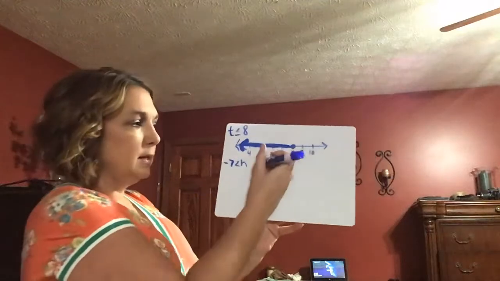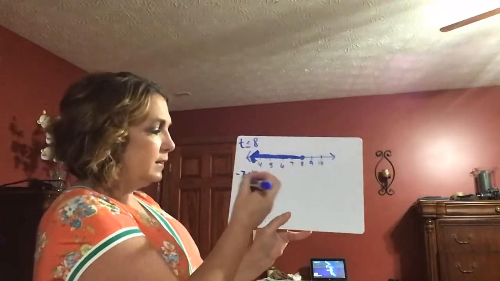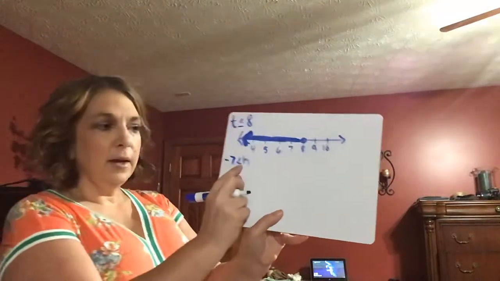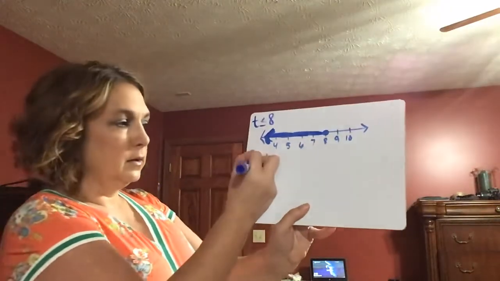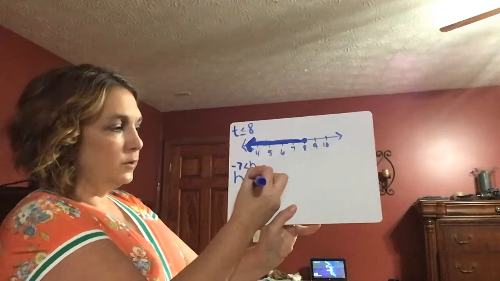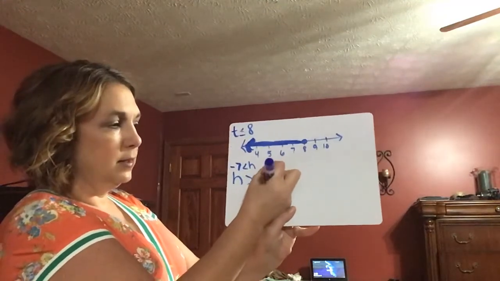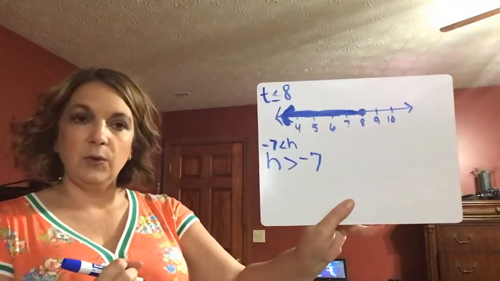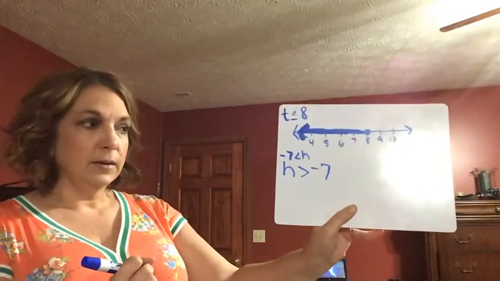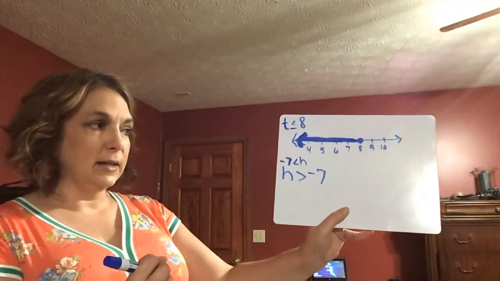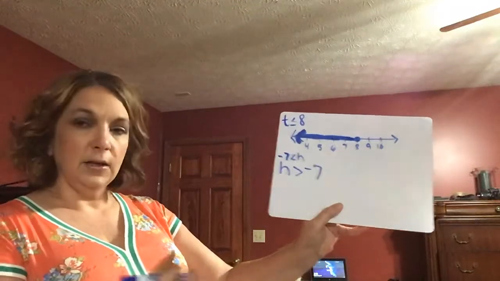But I can switch this, and when I switch it, I want to keep my alligator eating my letter. So h is greater than negative 7. H is greater than negative 7 is saying the exact same thing as negative 7 is less than h.